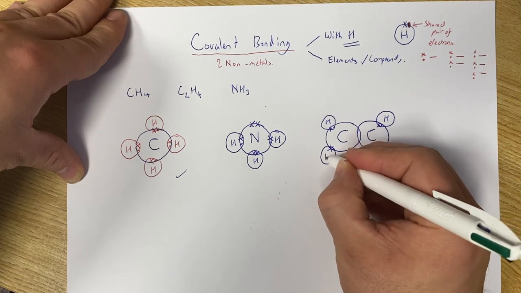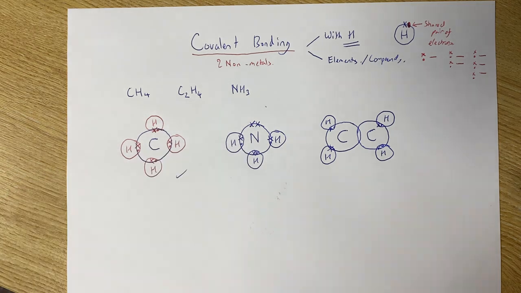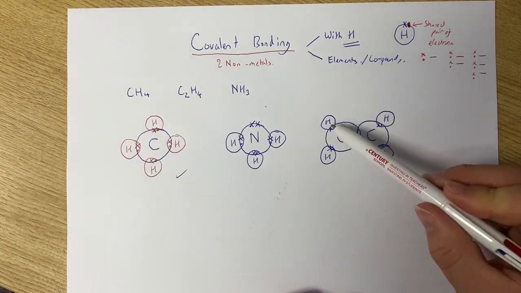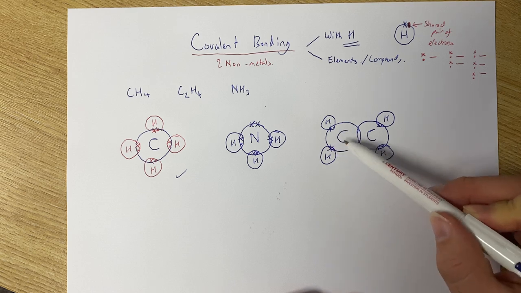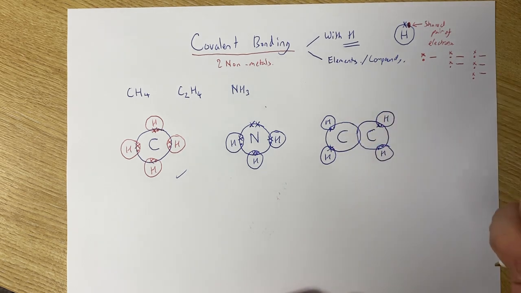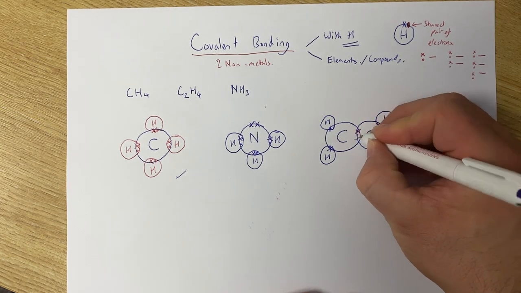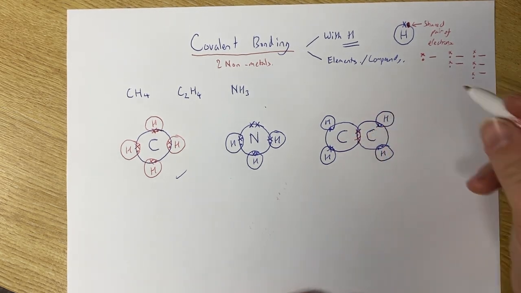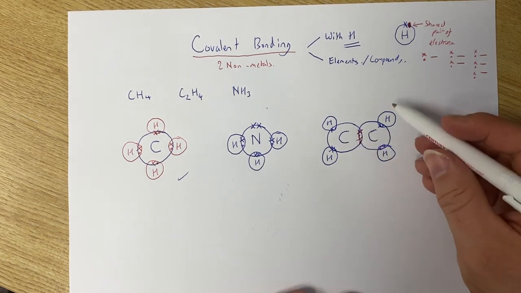I'm putting these in the actual position they would be in the corners, but it doesn't matter where you actually put them on here, to be honest. But when I count up the number of electrons that are left between each carbon, it's 1, 2, 3, 4. It has to add up to 8. So I've got to put two bonds, so a double bond, two covalent bonds between these two carbons for it to work.